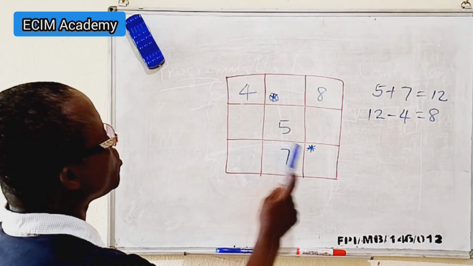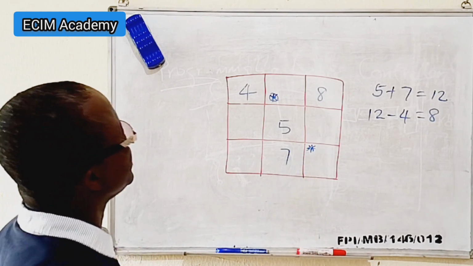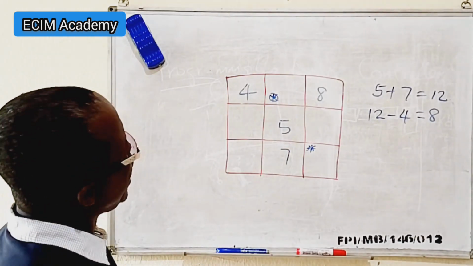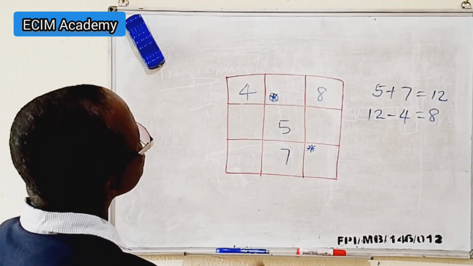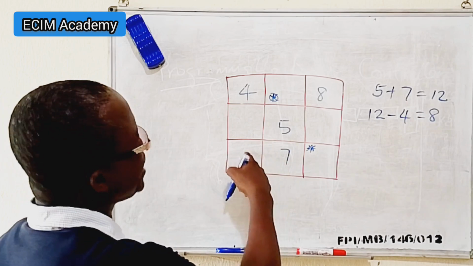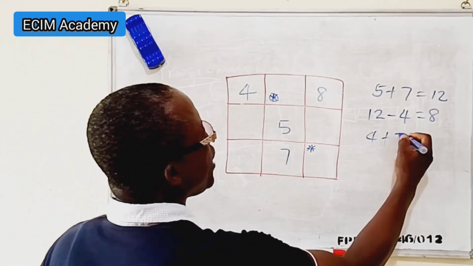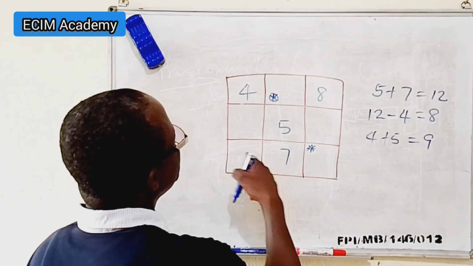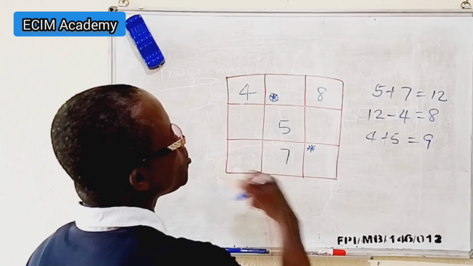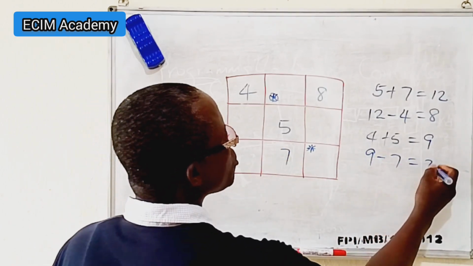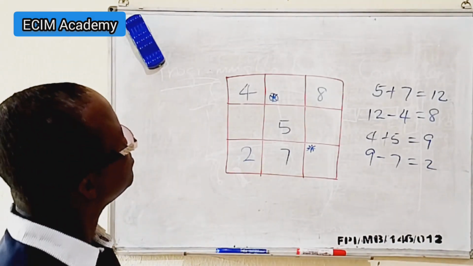Because this is also unknown if you ignore this particular cell. So we can try that. This plus this is 9. So it means the sum of this plus this is also equal to 9. 4 plus 5 equals 9. Therefore, the sum of this plus this should be equal to 9. So this is 7. We can say 9 minus 7 equals 2. So we place 2 here.